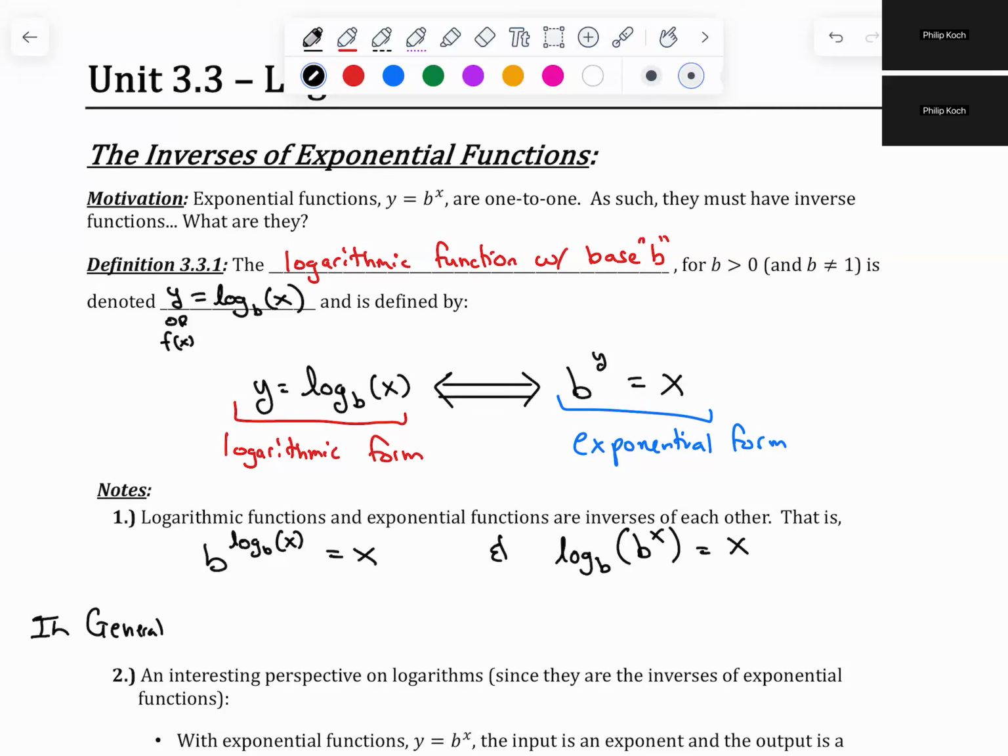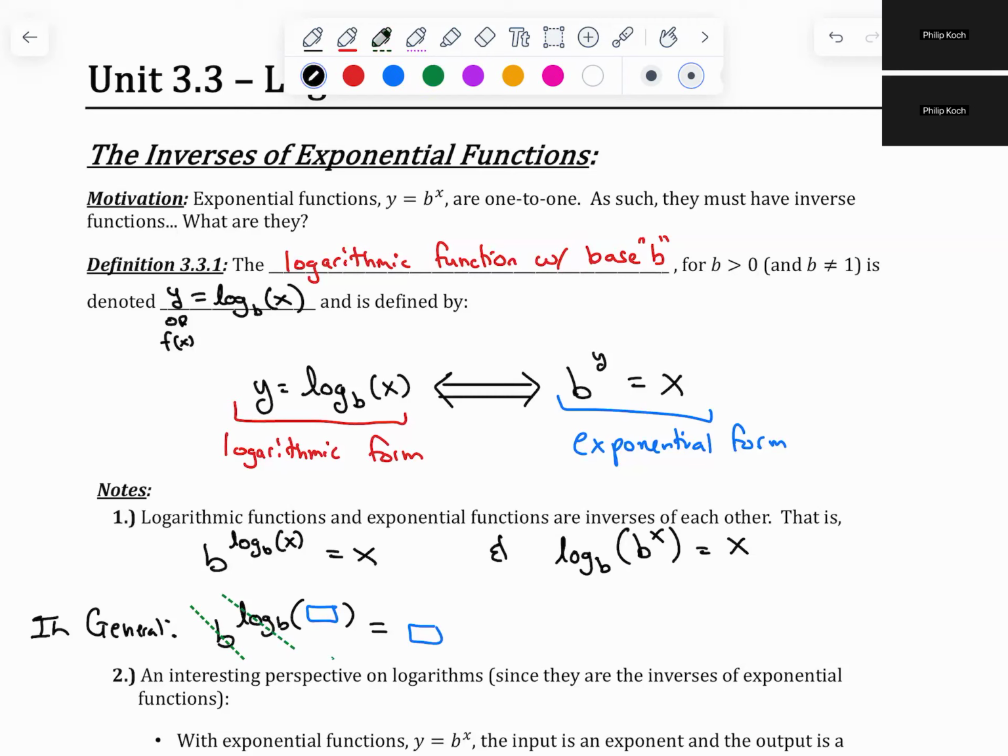So in particular, what I like to write is b to the log base b of a blue box is just equal to the blue box. So the b and the log base b cancel each other out. I didn't want it getting too muddy, but basically the log base b and the b cancel.